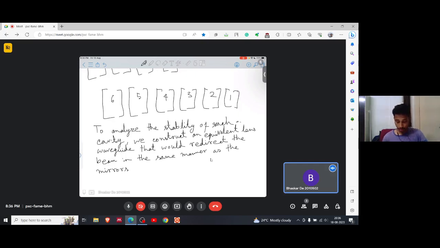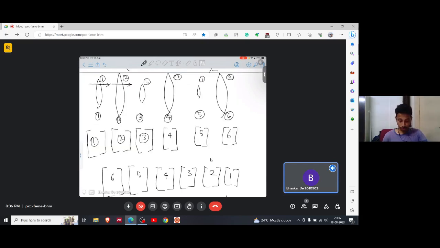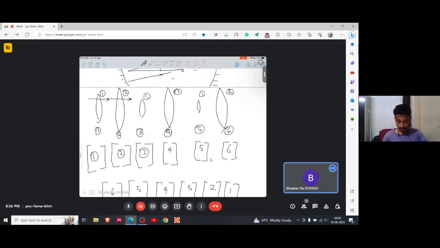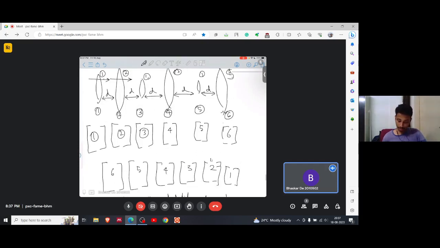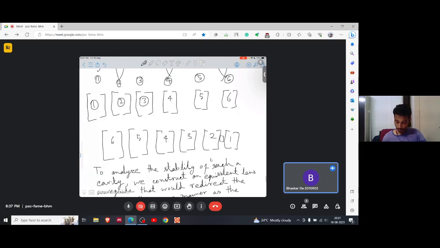One thing I missed here is that the beam is also traveling a distance. This is the distance between the two mirrors, so this thing is d. Then we will have another matrix in between here, a d transmission matrix.